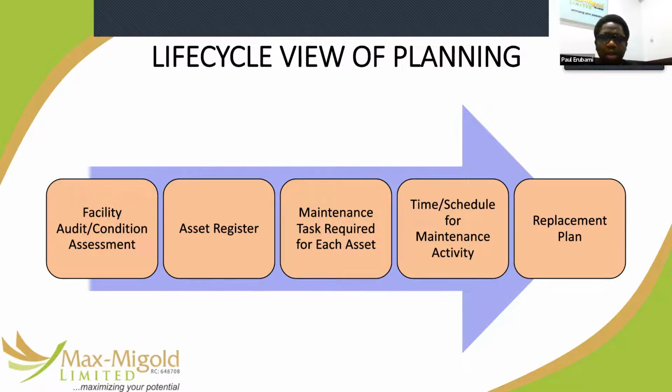And in many cases, you don't have a budget to respond even for the run to failure assets. You go cap in hand to management every time you have an issue, and you look very irresponsible over time. And that is because you created a maintenance plan that did not encompass all of your asset register. Your asset register as it is, everything should be what you create a maintenance plan for.